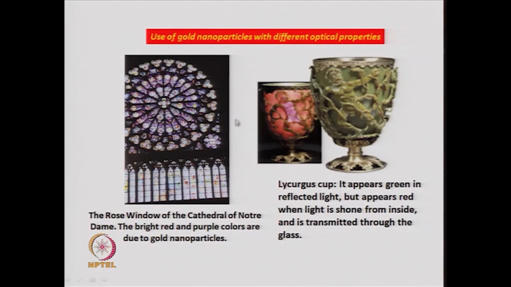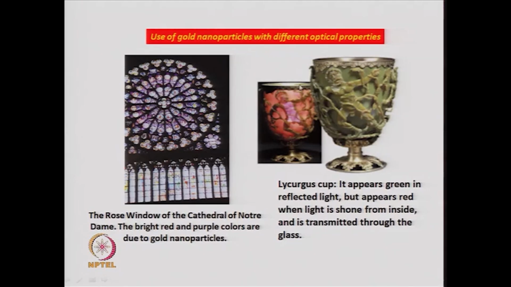Now, we know that when gold is made into small particles like nanoparticles, it can show you different colors. So, many years ago, in the 4th century AD itself, this kind of a cup was made, where the glass has gold nanoparticles impregnated. Today, we know that they are gold nanoparticles, and it shows a red color when you have transmitted light.